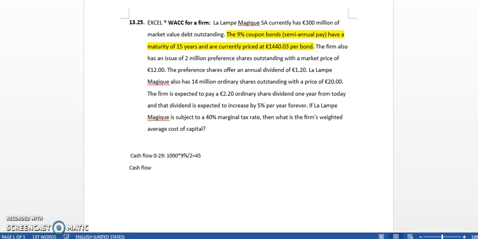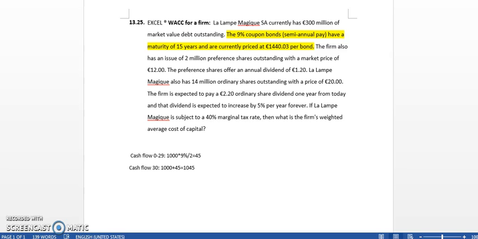And for the cash flow on the 30th period, we have 1,000 plus 45, that is 1,045. Because this bond is paid semi-annually, with a maturity of 15 years, there should be 30 periods. If the bond were paid annually, then there would be 15 periods. So you get it? Okay.